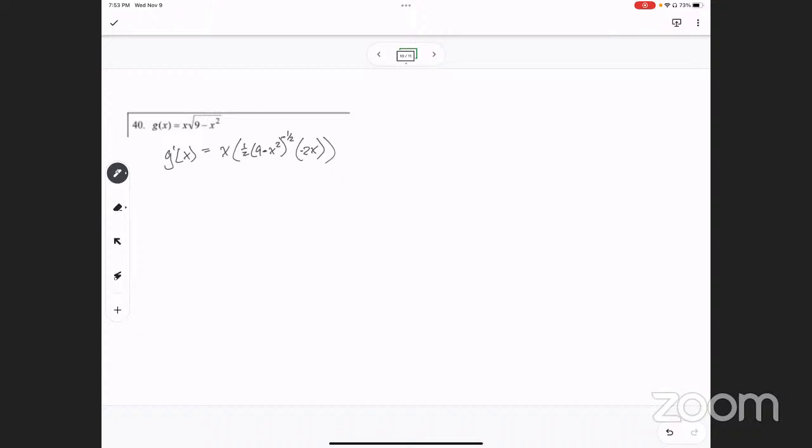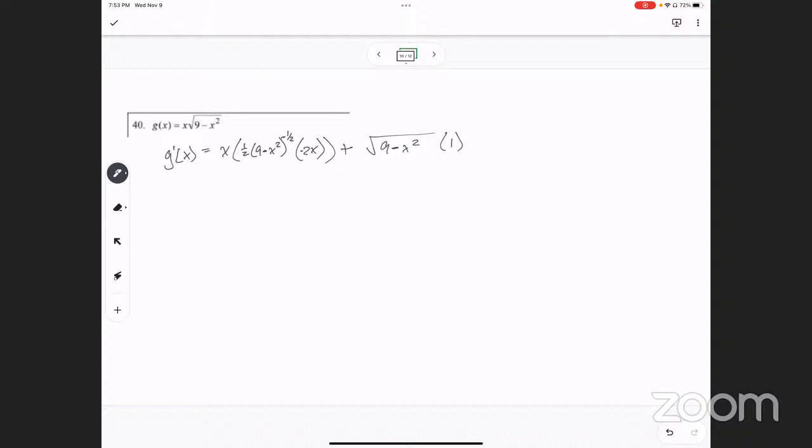You follow how I did that? The derivative of a square root is bring the 1/2 down and subtract 1. Got it? And then plus, because this is the product rule, the second times the derivative of the first, which is just 1.